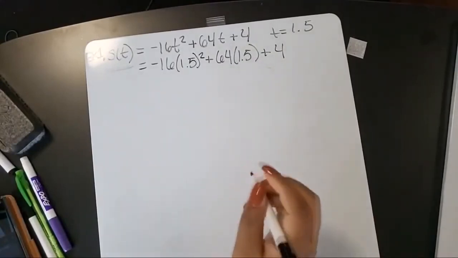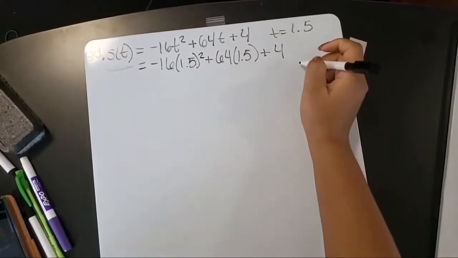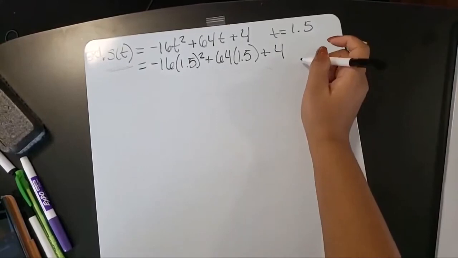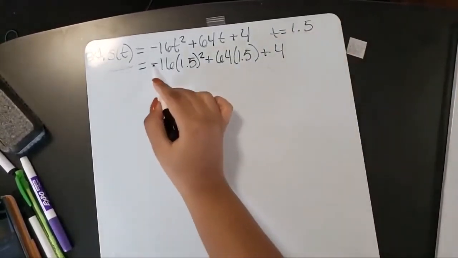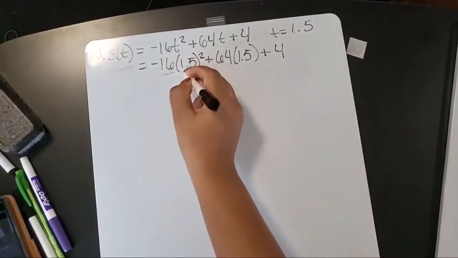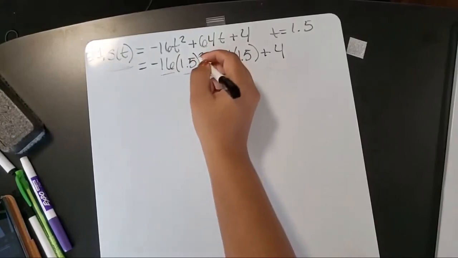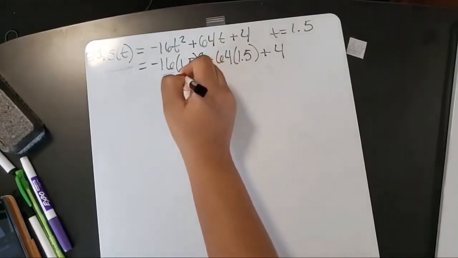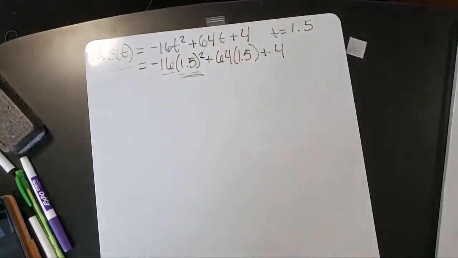I really, really need y'all to pay attention, okay? A lot of people mess this up, and I don't want that to be y'all. So, you see how we have negative 16 times 1.5, which is squared. You have to do this part first, okay?